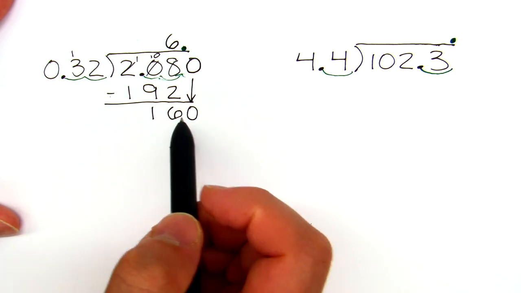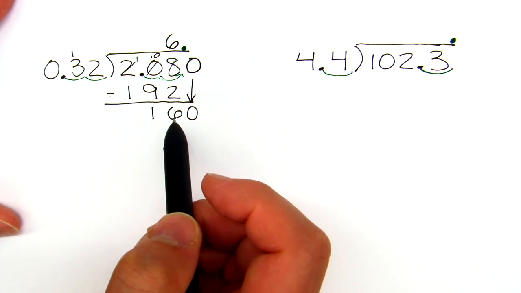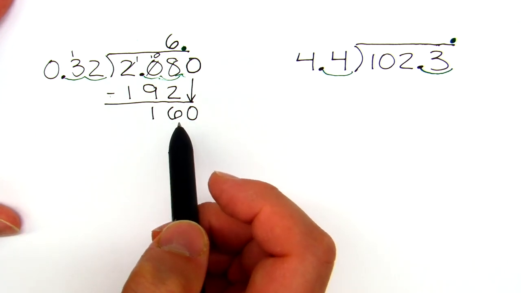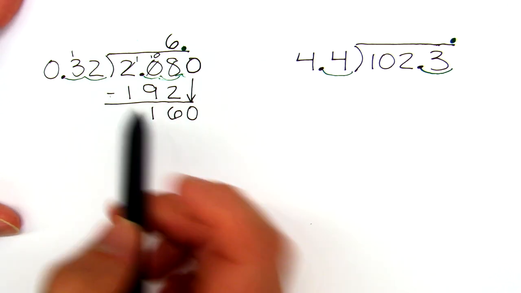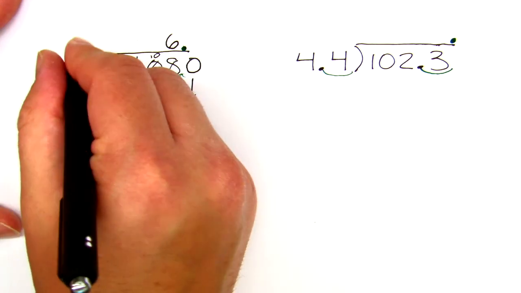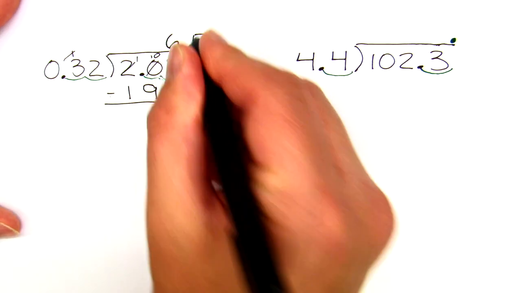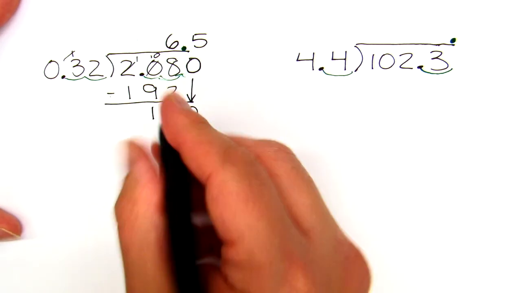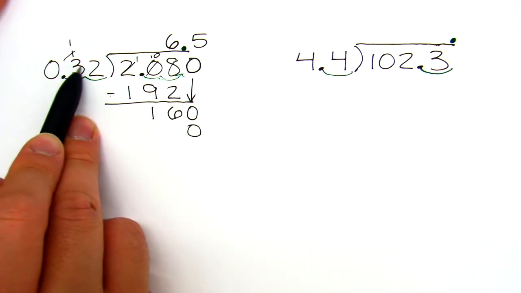So how many times can 32 go into 160? Well, I know 3 times 5 is 15, which is pretty close to 16, so let's try 5, right? 5 times 2 is 10, 0 goes down, 1 goes up. You can see I'm using shorthand division.